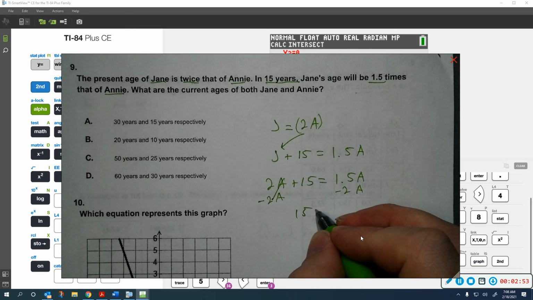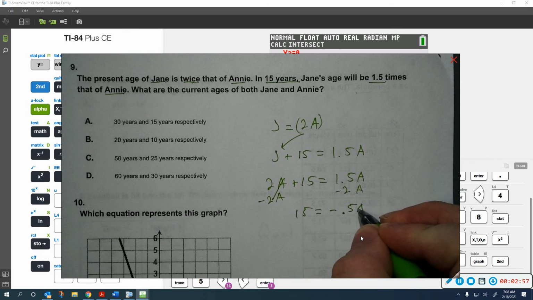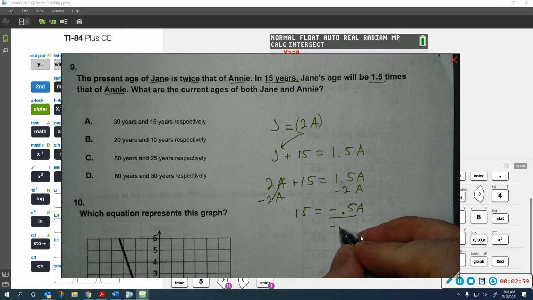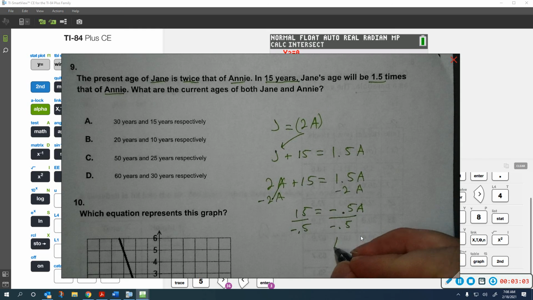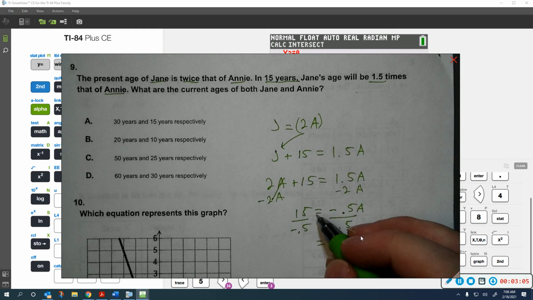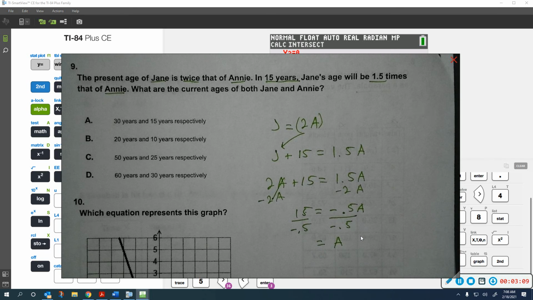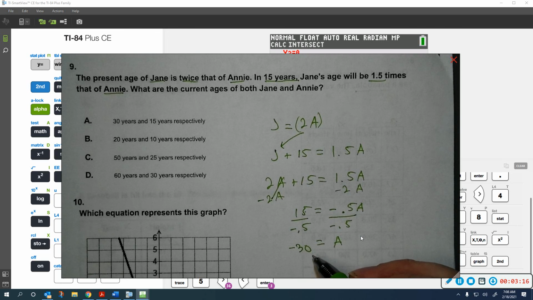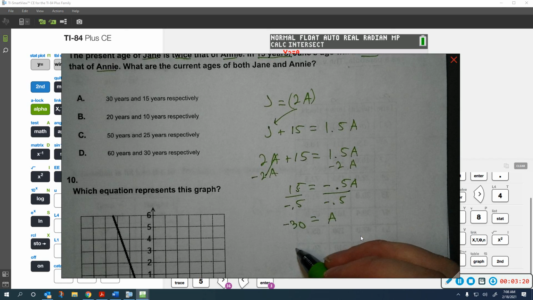So 15 equals negative 0.5A. Divide by negative 0.5. We get Annie is equal to 15 divided by negative 0.5, which would be negative 30. Now, obviously, she cannot be negative 30 years old, so let's try just Annie is 30.